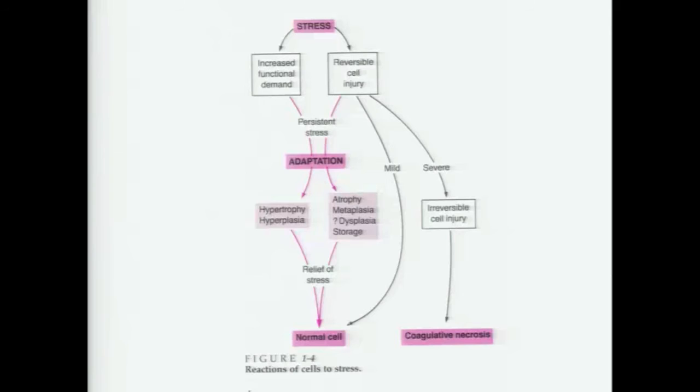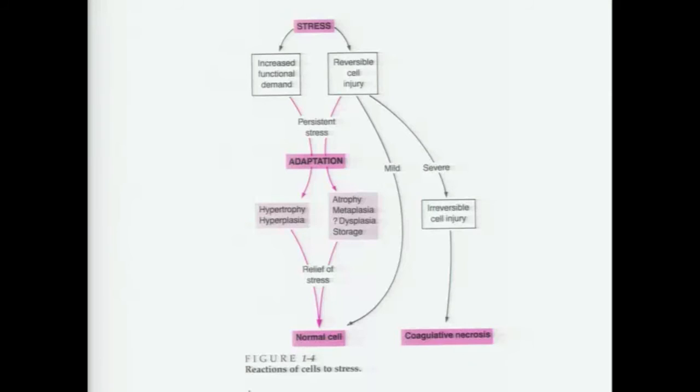This kind of unintended or traumatic cell death we call coagulative necrosis. The generic term for a traumatic cell death is coagulative necrosis. So sometimes the stress is so severe it just causes a cell to be injured beyond repair and die.